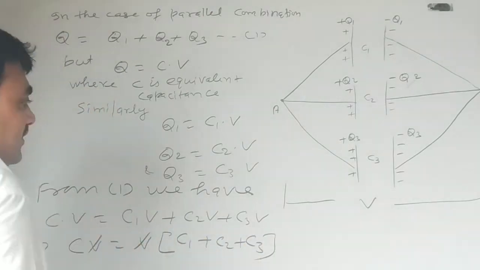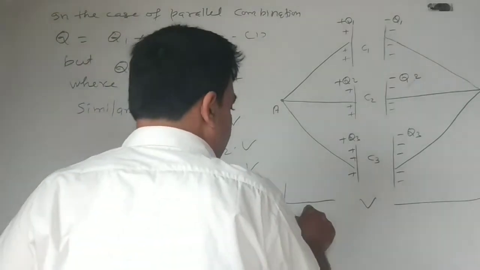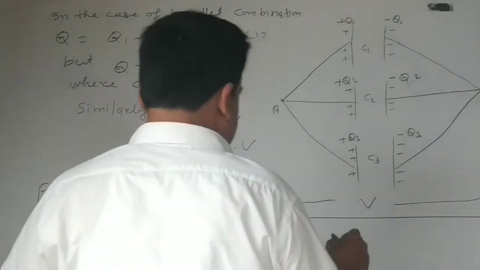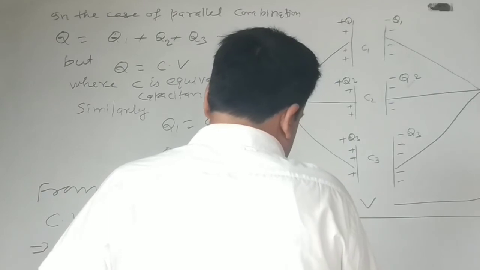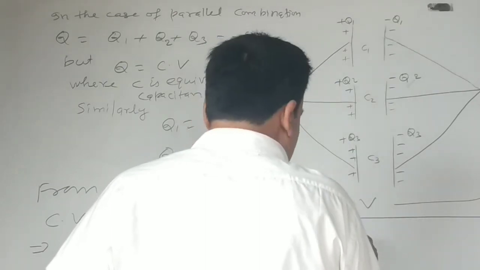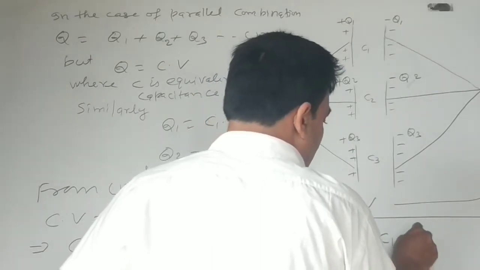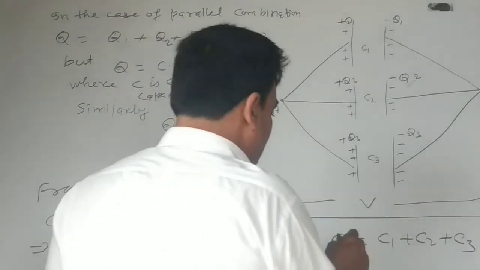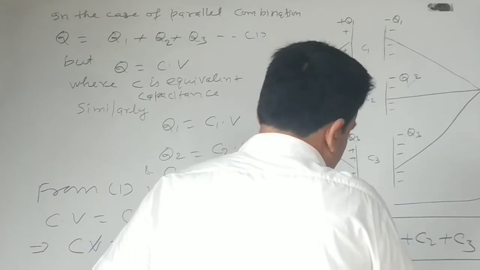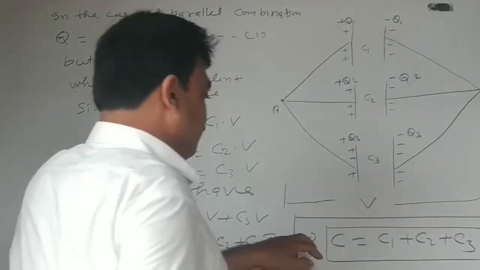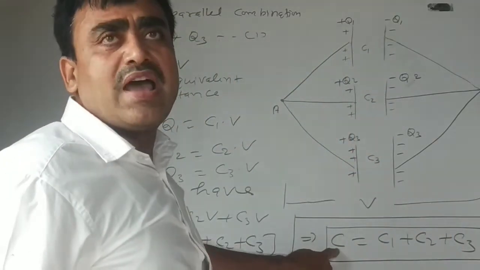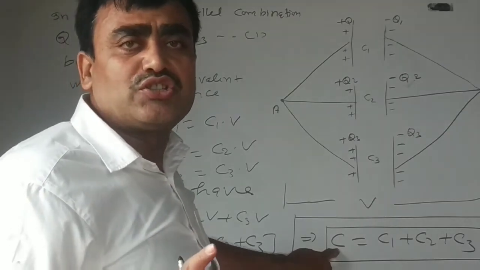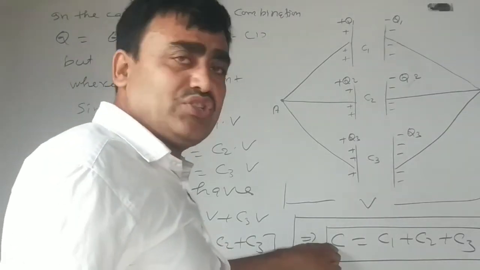We cancel V, and the final result comes: C is equal to C1 plus C2 plus C3. This is the expression of equivalent capacitance in the case of parallel combination.